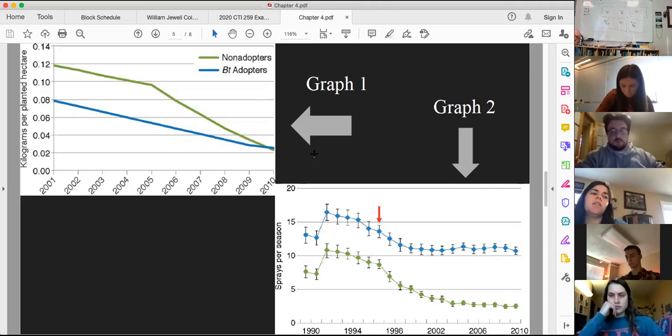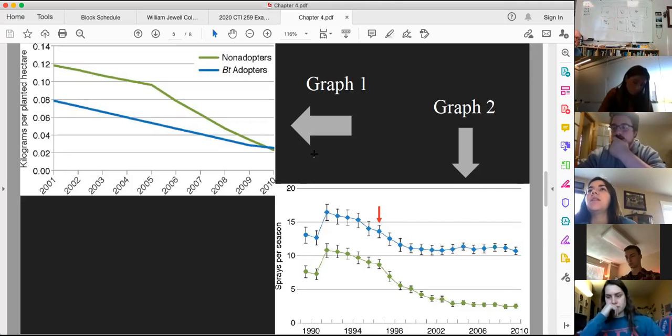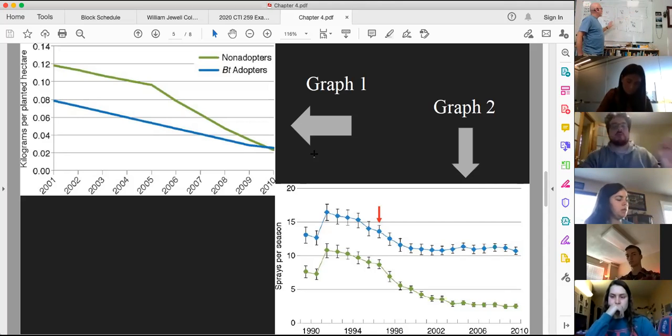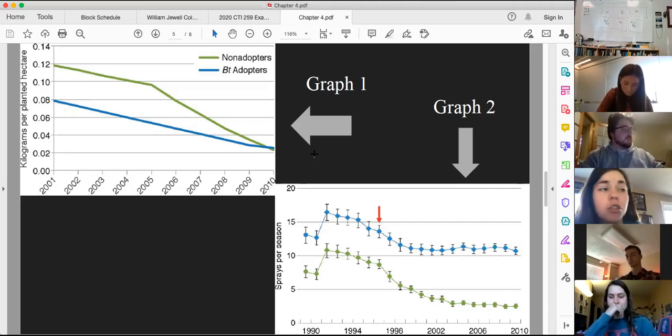The BT essentially just kind of wards off the insects because it's like a built-in type of insecticide, a genetically engineered modification. Do insecticides ward off insects, or do they do something else to insects? Well, they kill them. So if you have a bunch of insects feeding in this field, and this field, what's happening in these other fields? Less insect population.